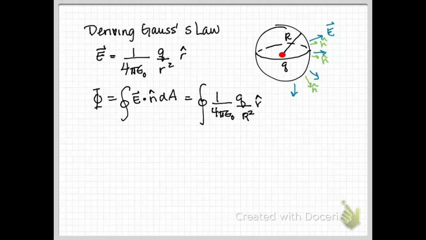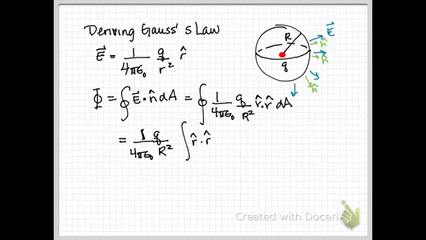And n, the normal vector, is also r hat. So we've got two r hats there, dA. 1 over 4 pi epsilon naught, Q over r squared is all constant, so that comes out, and we're left with the dot product of r hats, dA. This dot product goes to 1.